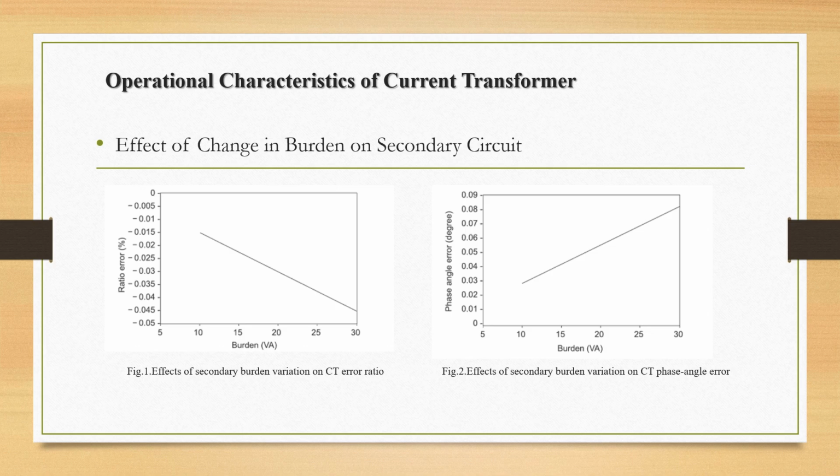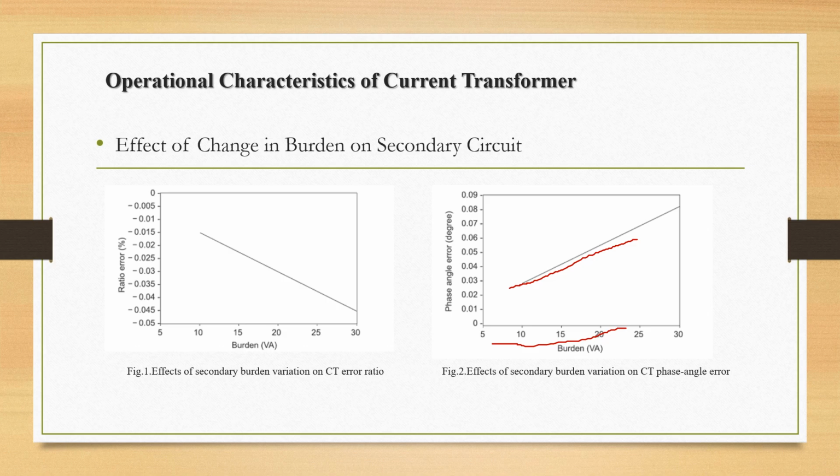So with the increment in burden, the magnetizing current, that is Im, will increase. With the increment of Im, the value of phase angle error will also increase.